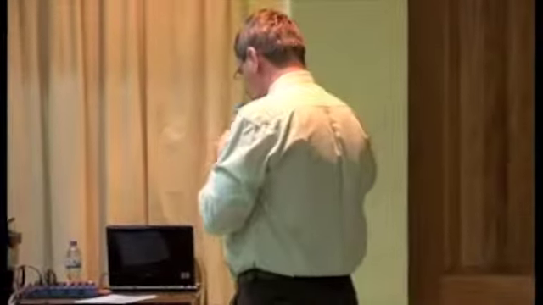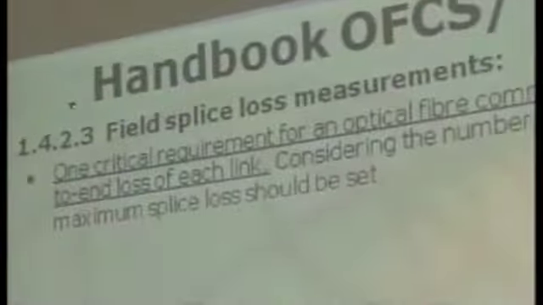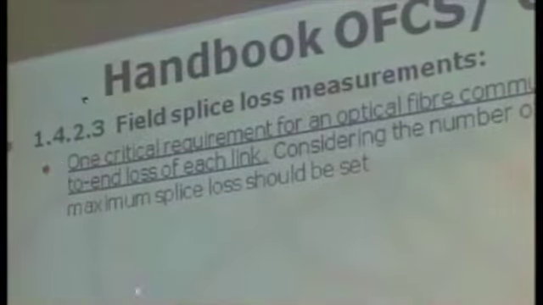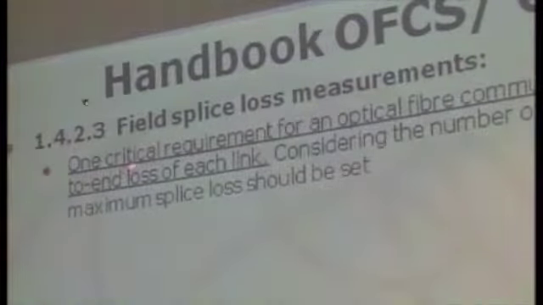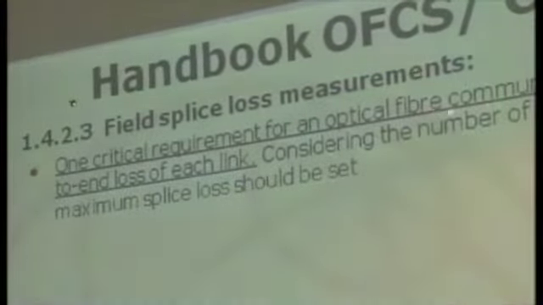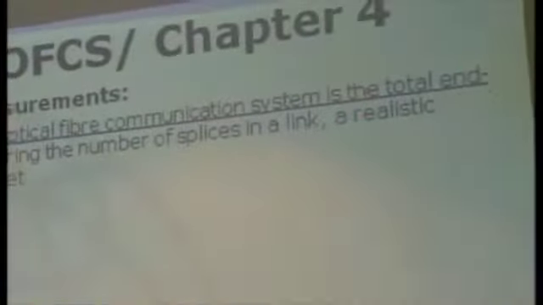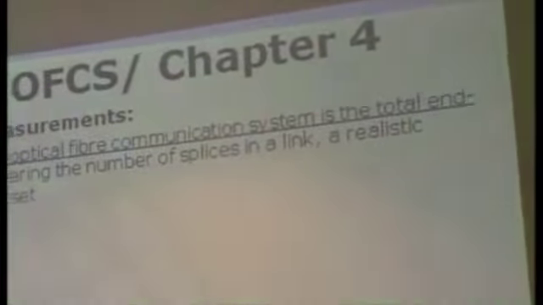As we have splice loss, it's necessary to measure. There are a lot of recommendations that could be followed by the people interested in doing a well-controlled network. The first critical requirement for optical fiber communication system is the total end-to-end loss of each link.